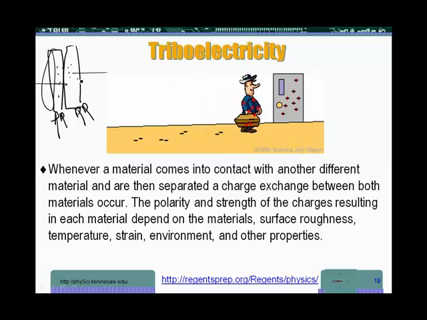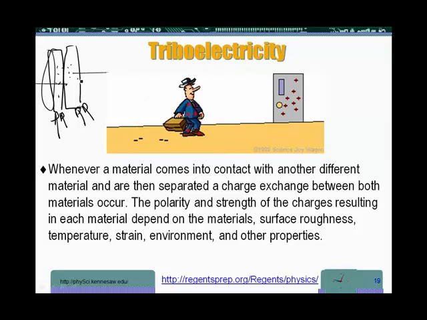So because of that, when we pull the materials apart, each of the materials is going to gain a net charge. Now, that process is what we call triboelectricity.